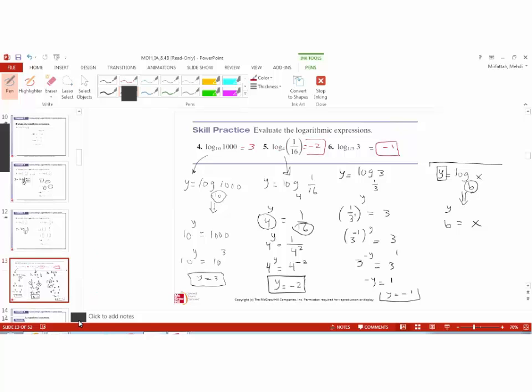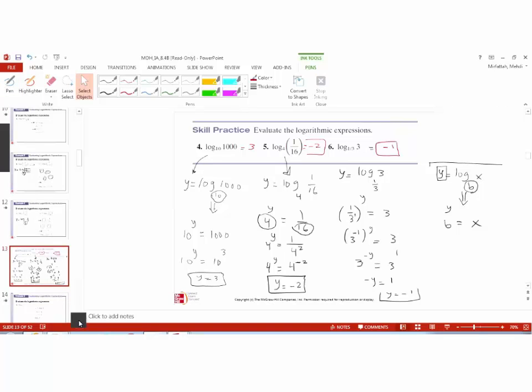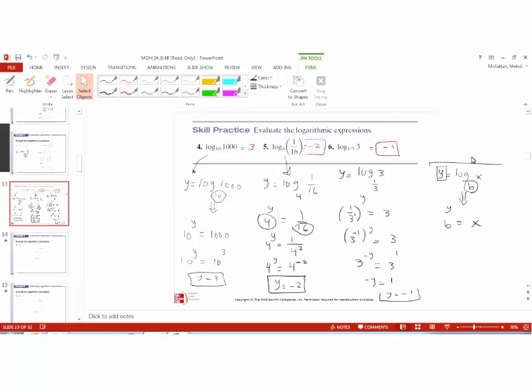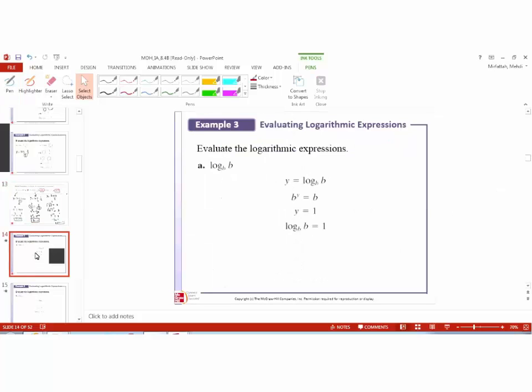Like that. So we can use this conversion here to evaluate these. Now, let's take a look at this one here. This is something that you want to memorize if you can. If you have log of b with the base b.